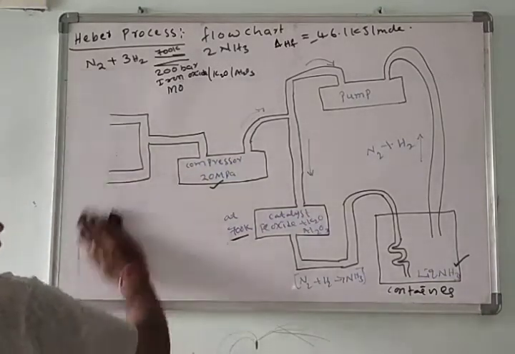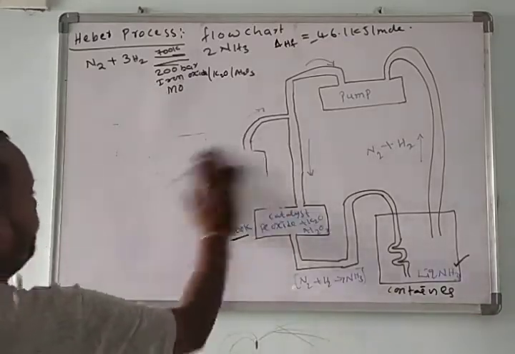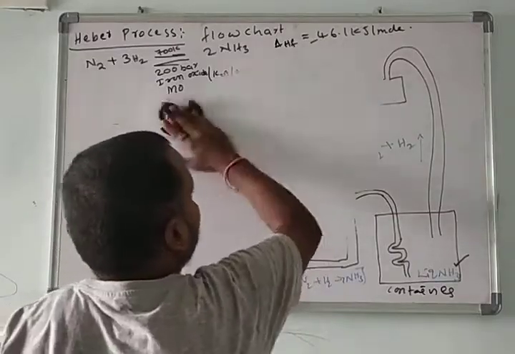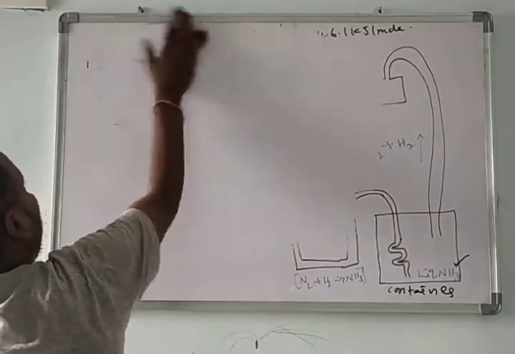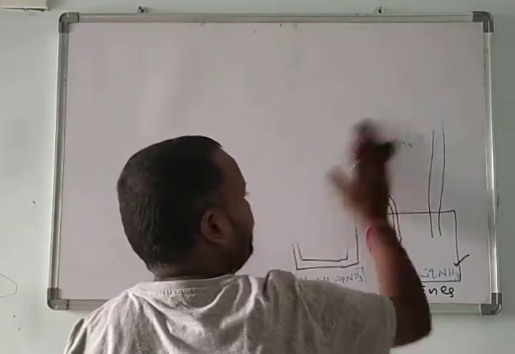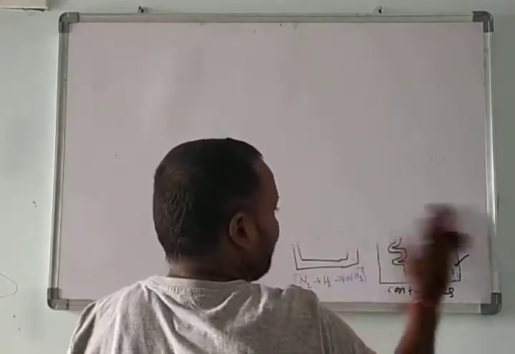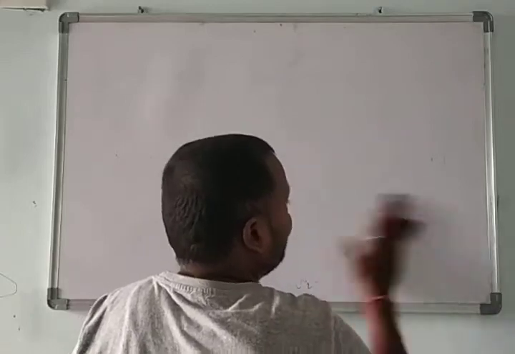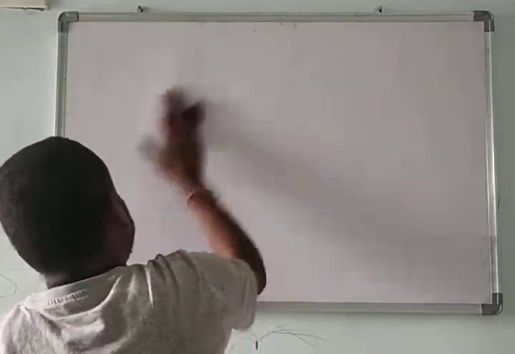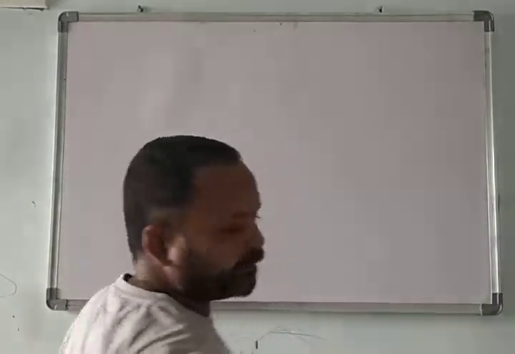Yesterday we discussed some chemical properties. Ammonia completely dissolves in water and forms ammonium hydroxide, that is ammonium ions and hydroxide ions. Here ammonia is a gas. Sometimes it may exist in solid state, it may exist in liquid state.